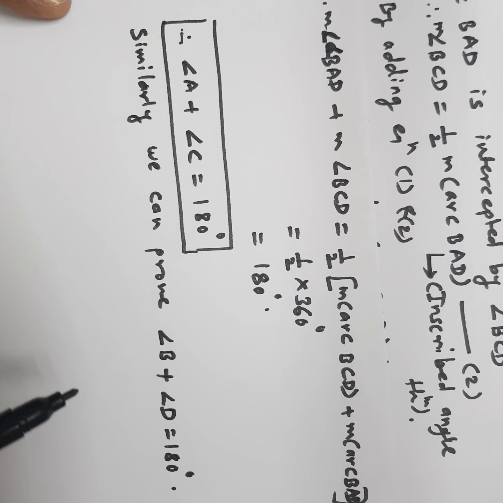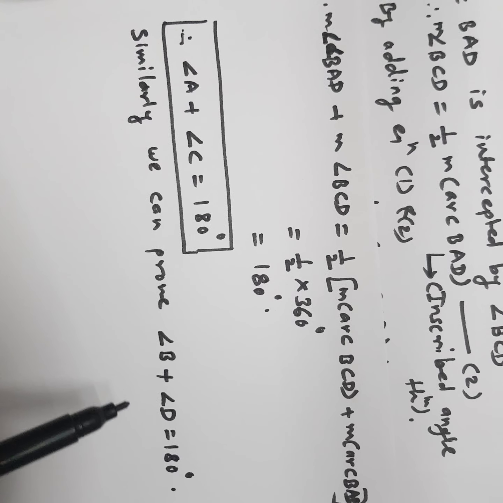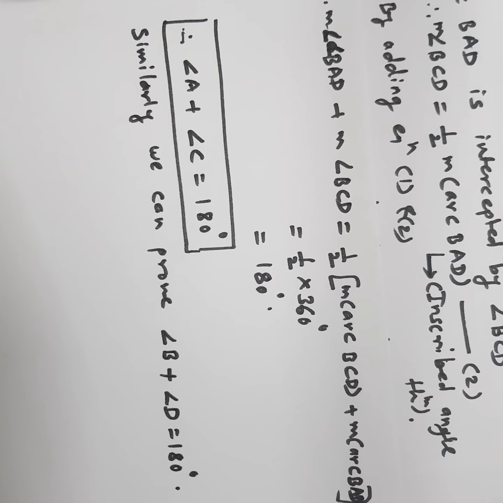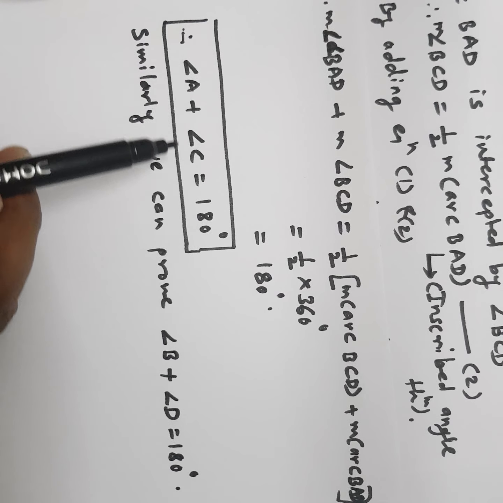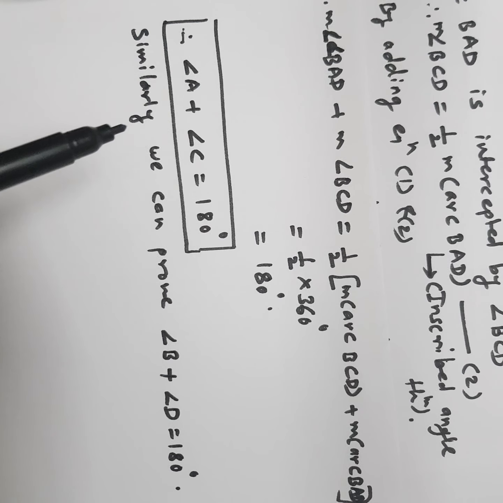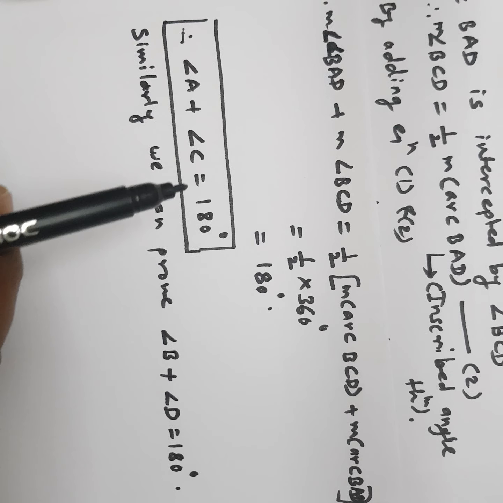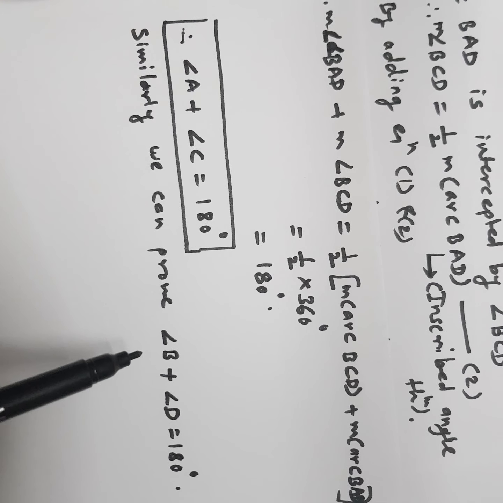In another way, we can also prove it by using the angle sum property of a quadrilateral, that is, angle A plus angle C plus angle B plus angle D is equal to 360 degrees. As angle A plus angle C is 180, if we put this value, that is 180 plus angle B plus angle D is equal to 360.